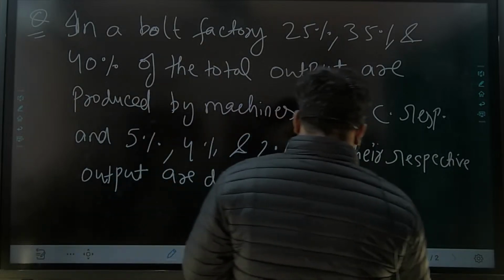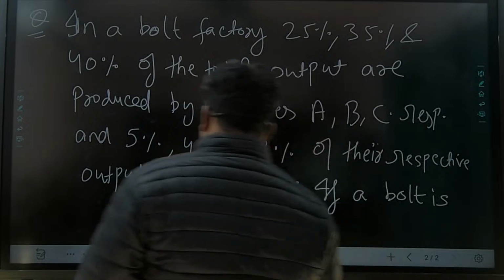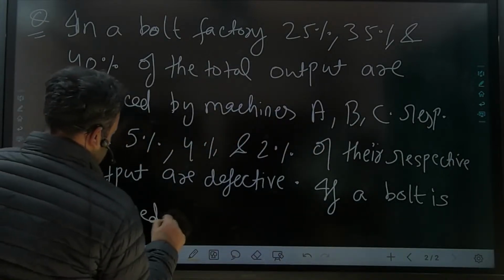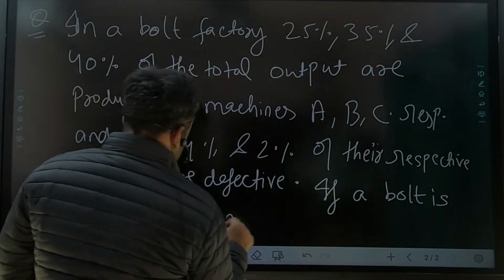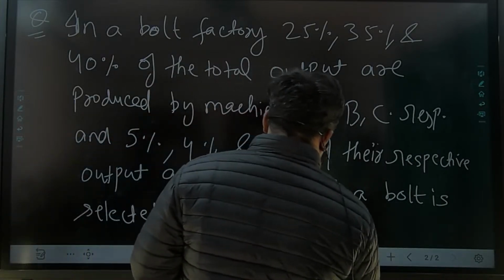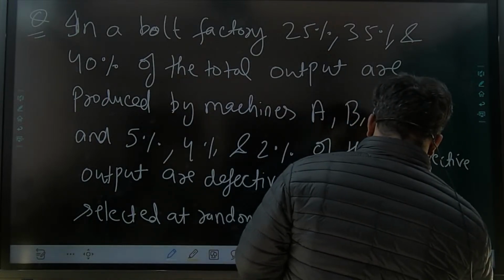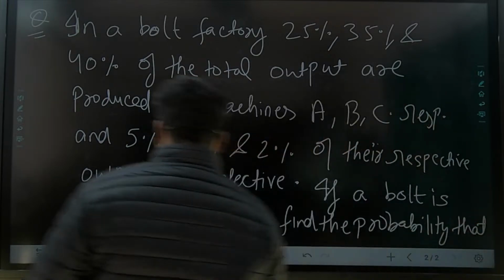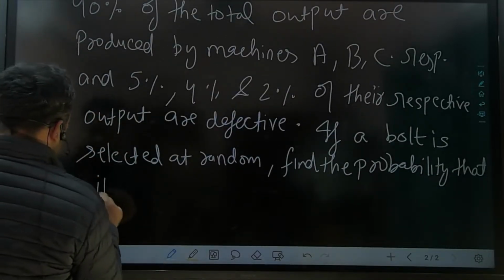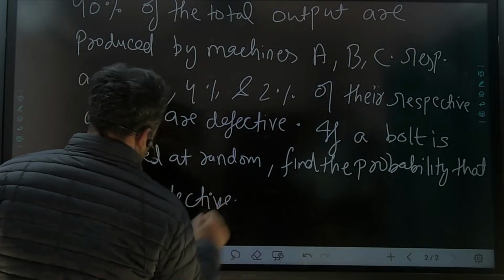If a bolt is selected at random, find the probability that it is defective.